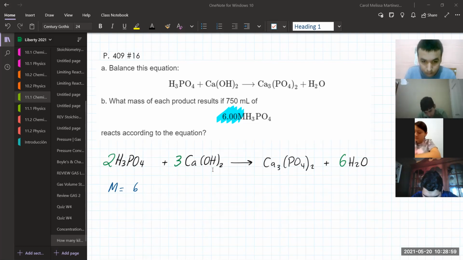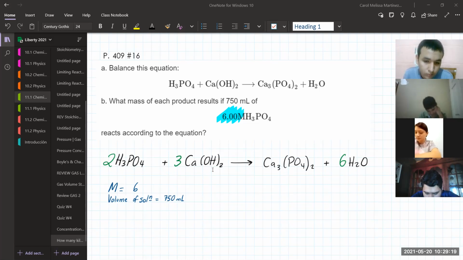Okay, and they are giving me the volume of solution. In this case the volume of the solution is 750 milliliters.